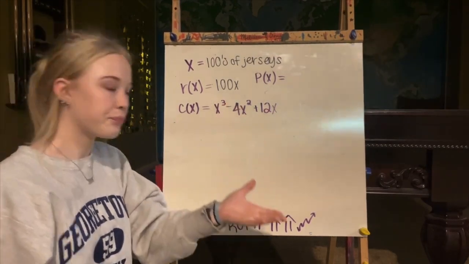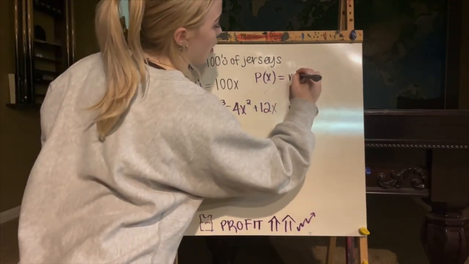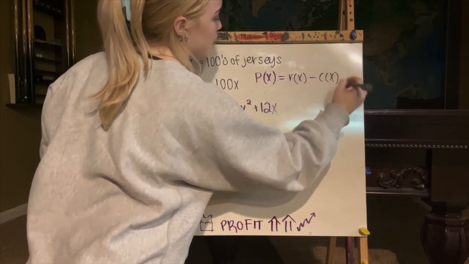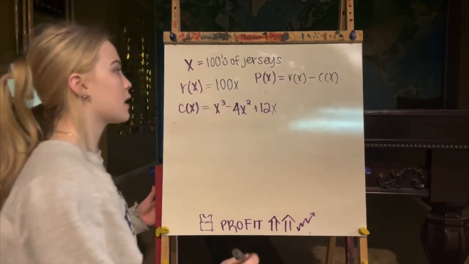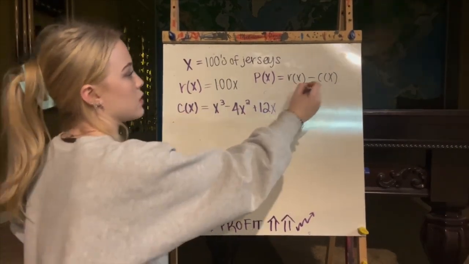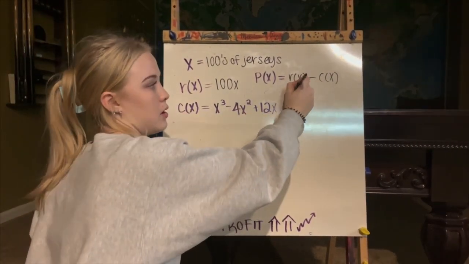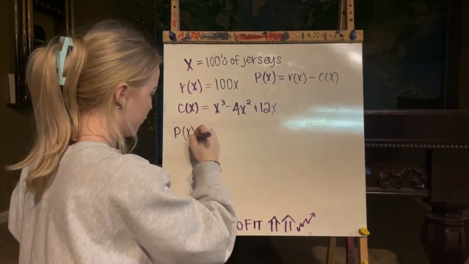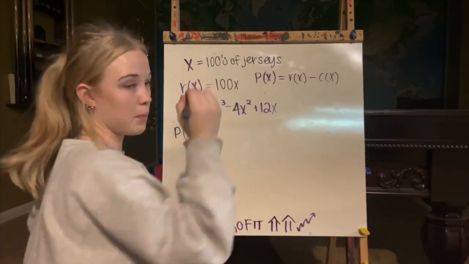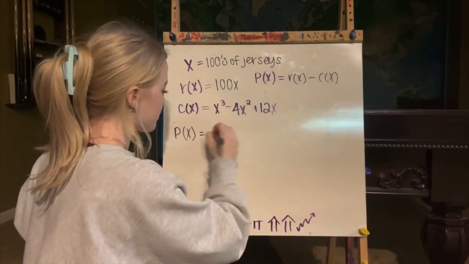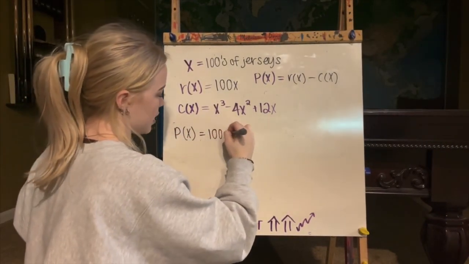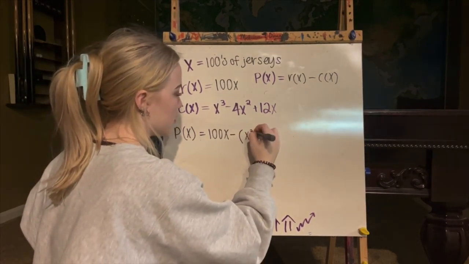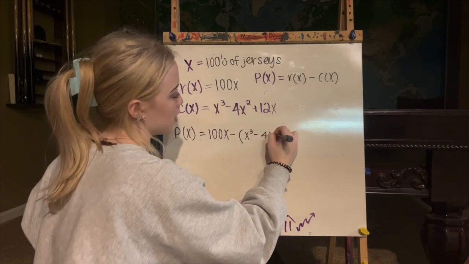In terms of our profit, we are going to have that as our revenue minus our cost of production. And if we are plugging in the values we have for these two functions, our function for revenue and our cost of production, for profit as a function of x, we will get 100x, which is our revenue, minus our cost of production.